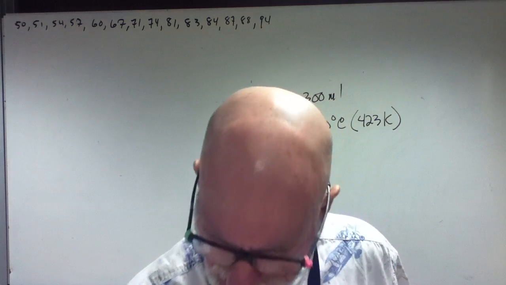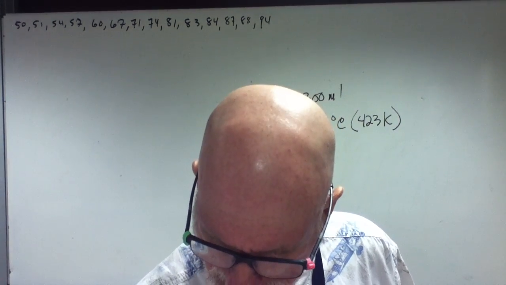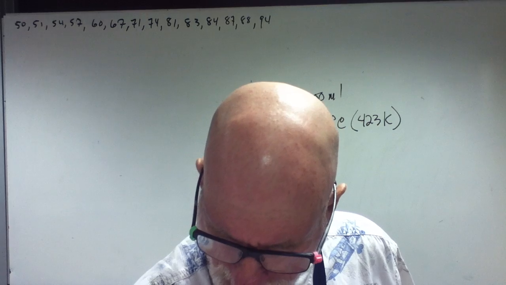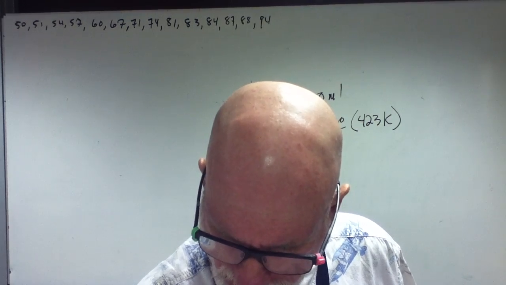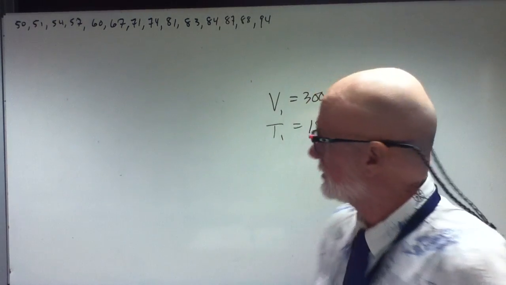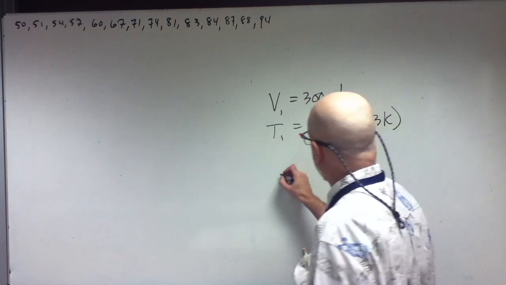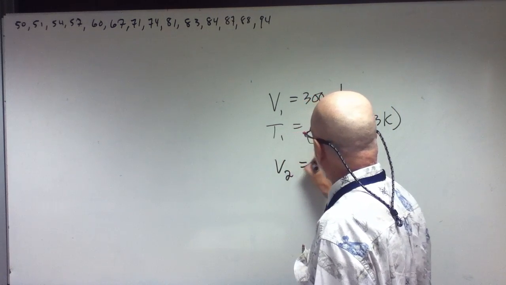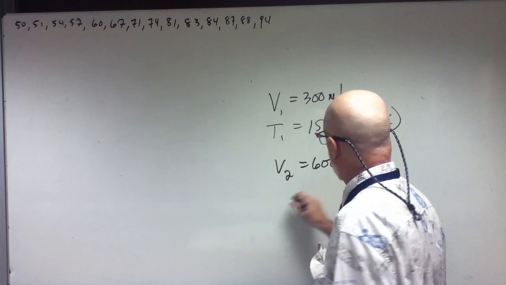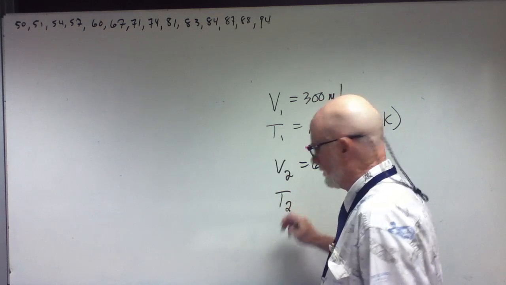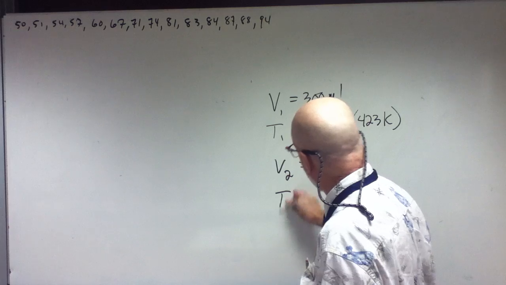What else does it say? It's heated until the new volume expands to 600 milliliters. So it's going to expand to 600 milliliters, and they want to know what? T2, right?